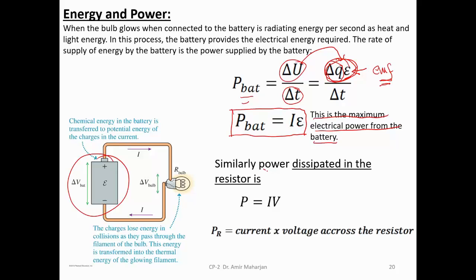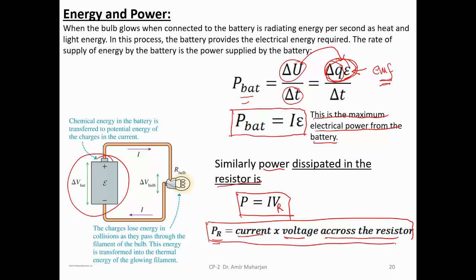Similarly, the power dissipated in the resistor is I times V, where V is the potential difference across the resistor, V of R. So in general, the electrical power is just current times voltage across the resistor. It's that simple.